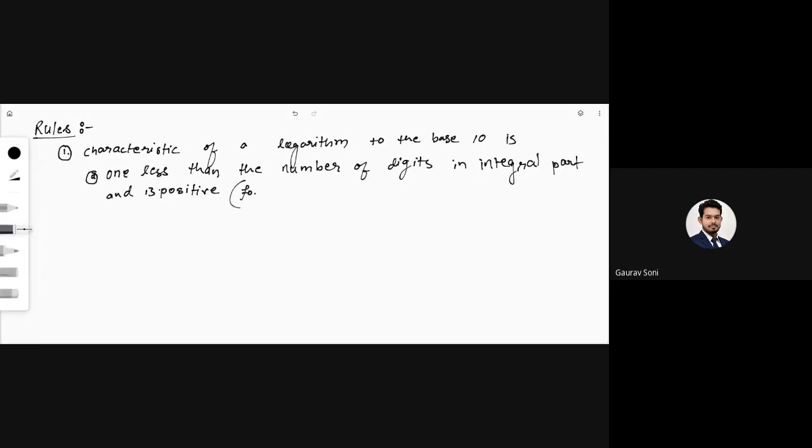This rule is for numbers greater than 1.